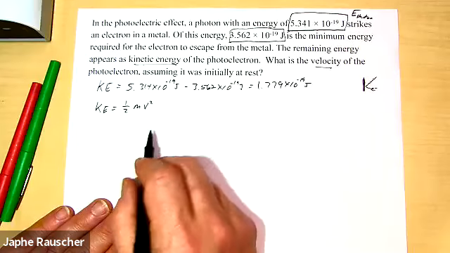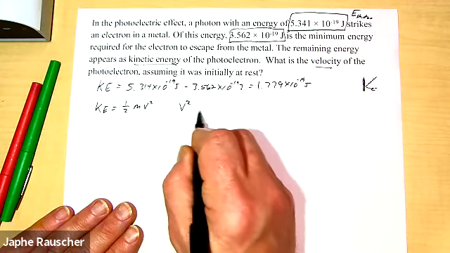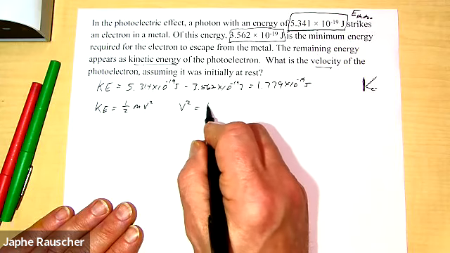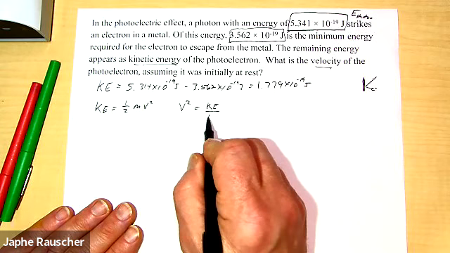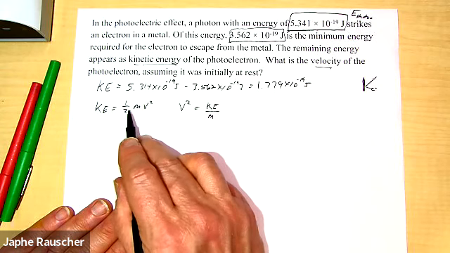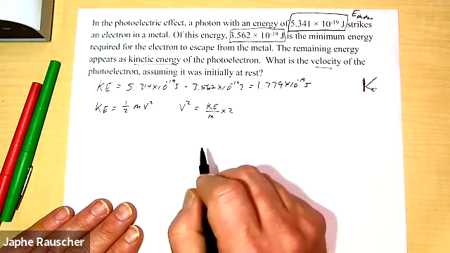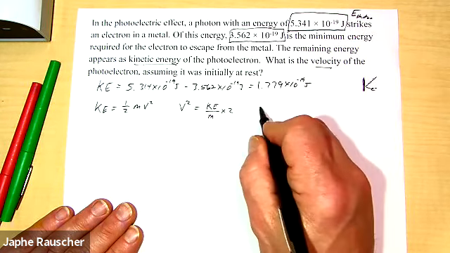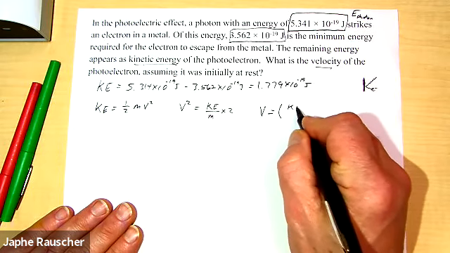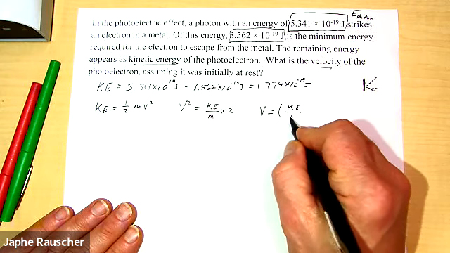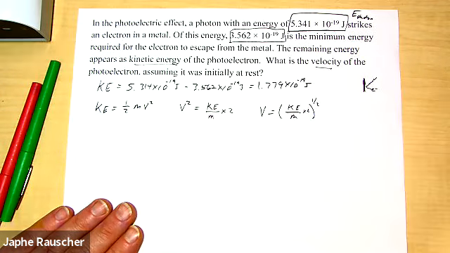So if we rearrange this equation, we find that v squared is equal to the kinetic energy divided by the mass and multiplied by 2. So then the velocity would be equal to the kinetic energy over the mass times 2, to the 1/2, right?